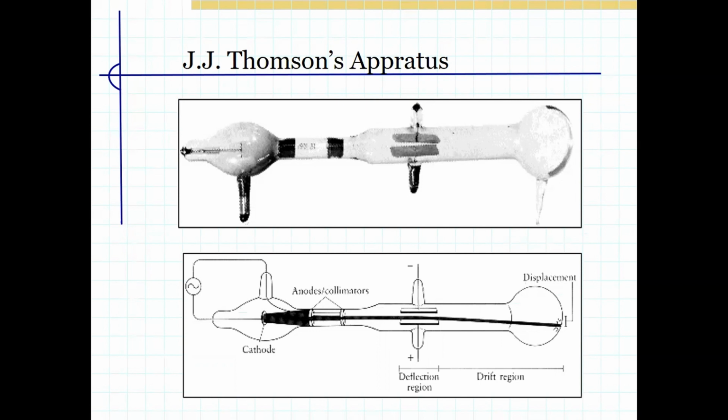The surface of the tube has a zinc sulfide plate, and on dropping there, they start emitting light, which is greenish, bluish light, and that's how we come to know that the electron beam has hit the plate.